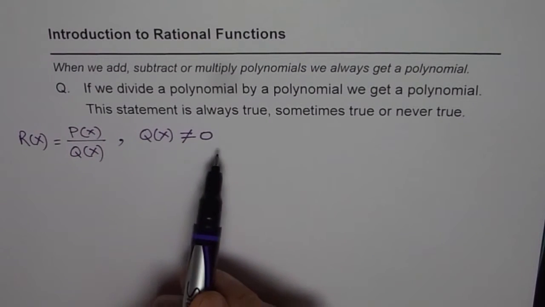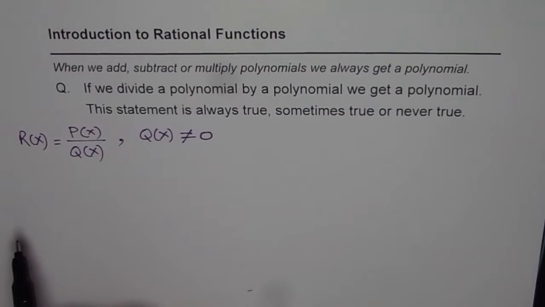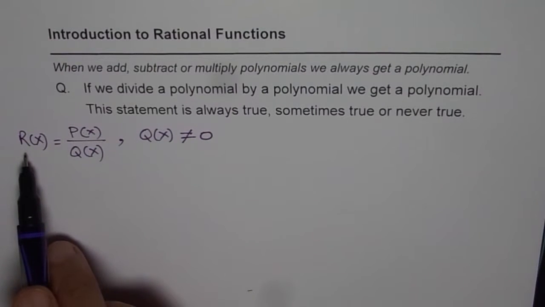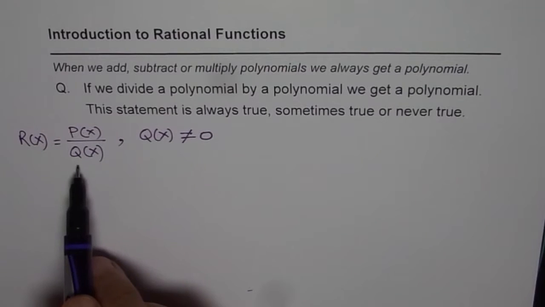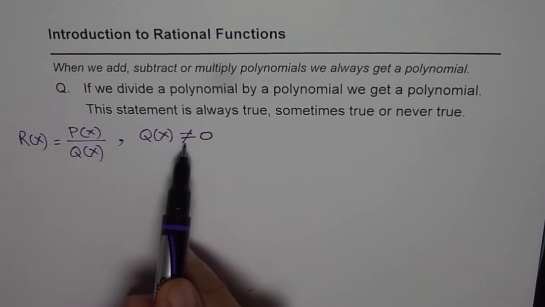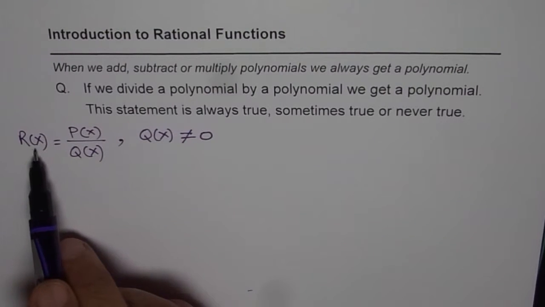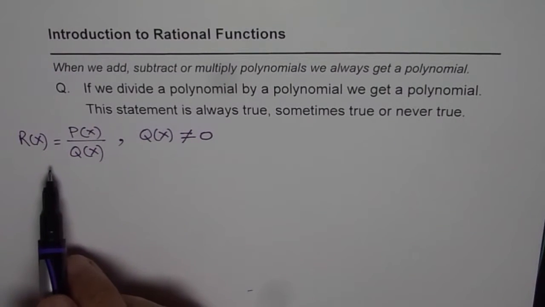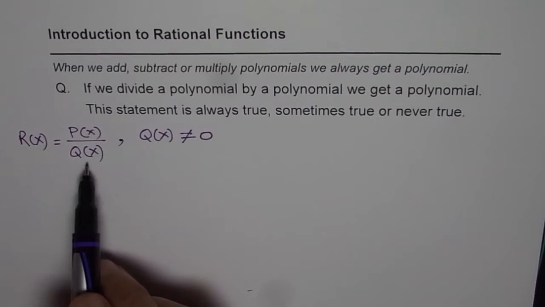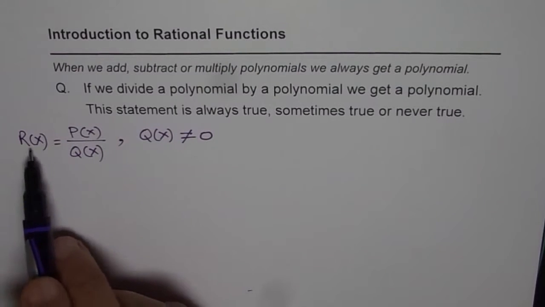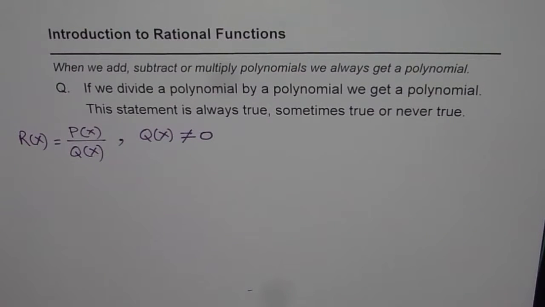Now that becomes the definition of a rational function. So rational functions are quotients of two polynomials where the denominator is not 0. So we call these restrictions on our rational function, or we sometimes say find the values which are not permitted for the rational function.